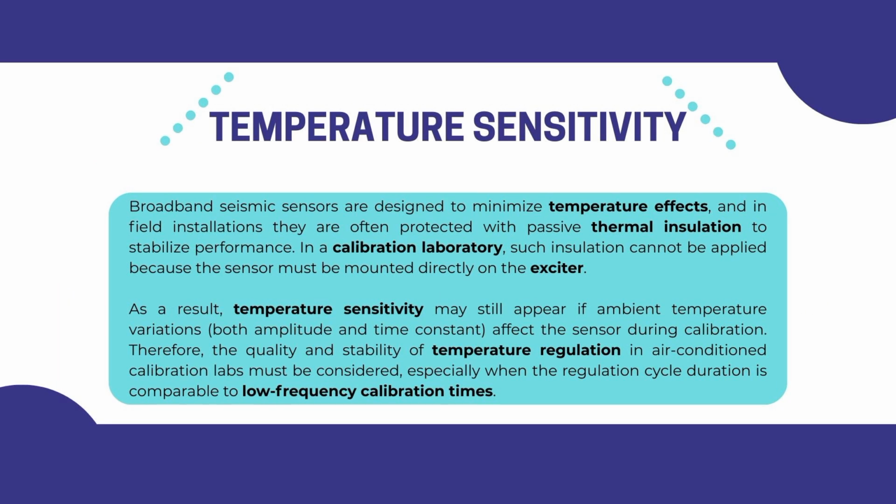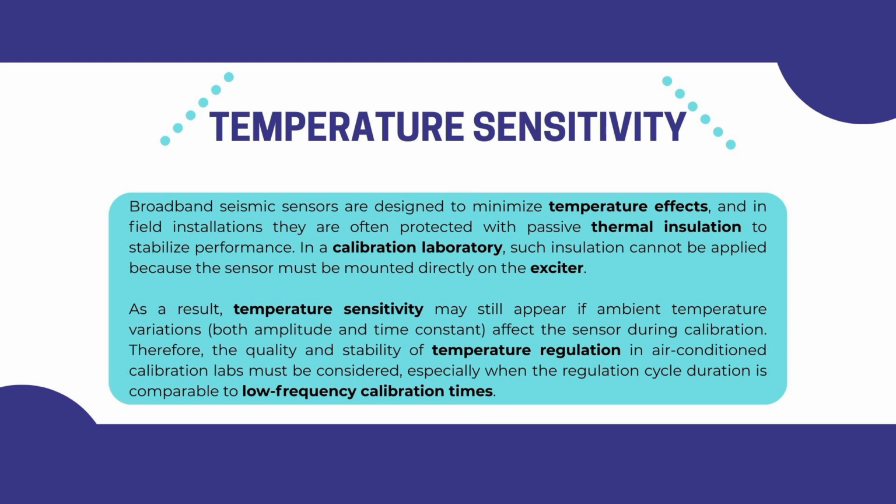Next one is temperature sensitivity. Broadband seismic sensors are designed to minimize temperature effects, and in field installations, they are often protected with passive thermal insulation to stabilize performance. In a calibration laboratory, such insulation cannot be applied because the sensor must be mounted directly on the exciter.